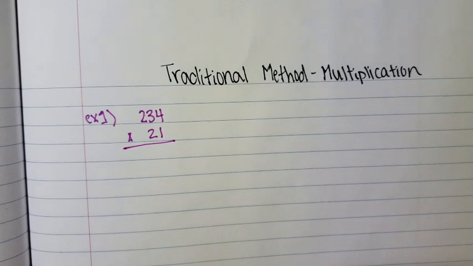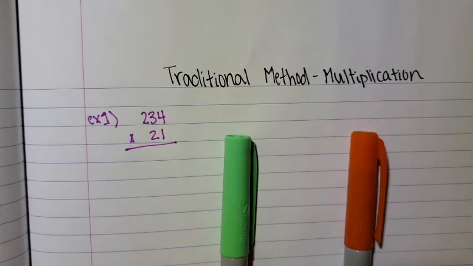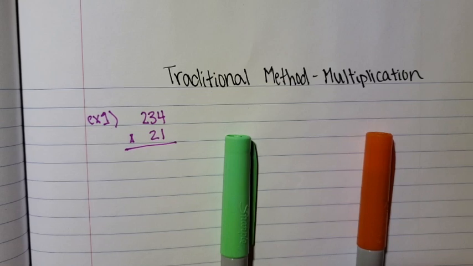So when working with the traditional method, it can get very messy and very complicated really fast if you don't keep your work in line. So I'm going to be using a green marker and an orange marker to help you guys see how to multiply.